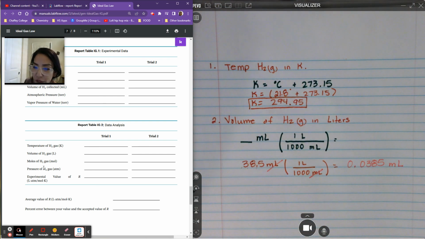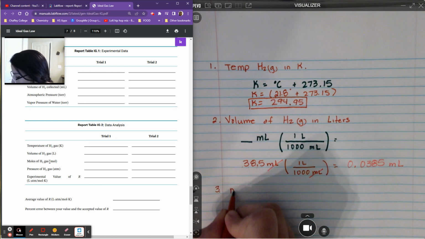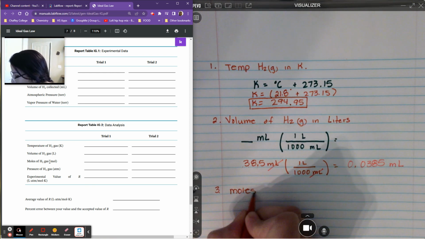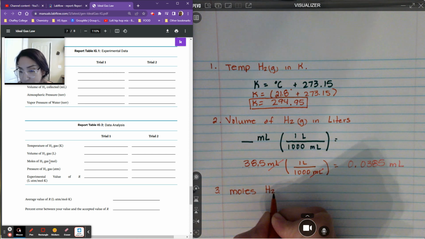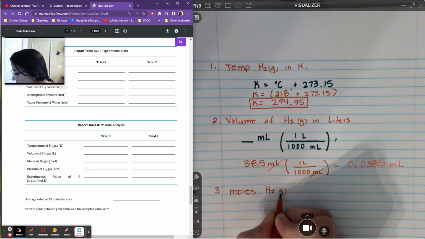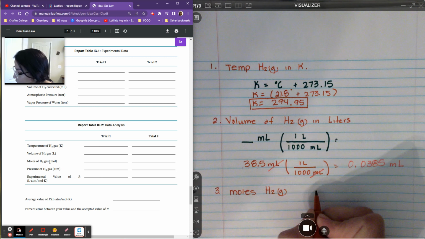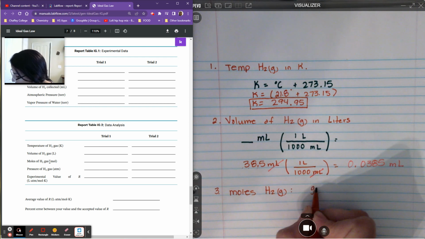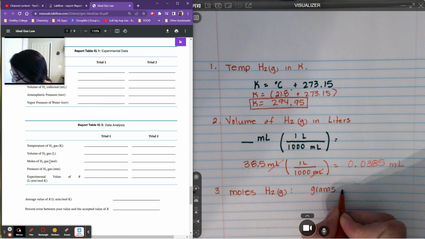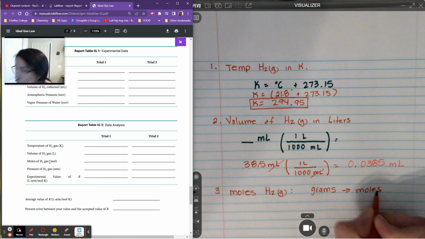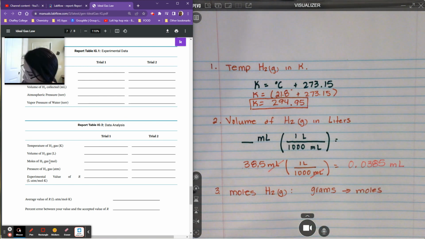Question number 3, moles of H2 gas. So now we're going to do moles of hydrogen gas, converting grams to moles. This is a simple stoichiometric problem.